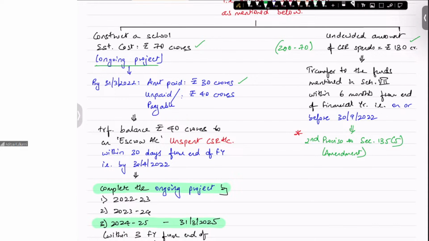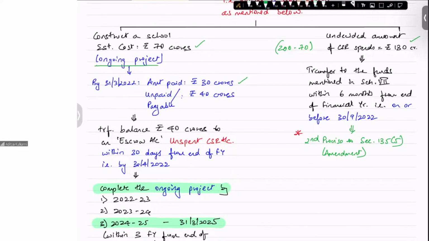So here also the company has to transfer the balance 40 crore to an escrow account which will be called the unspent CSR account. And this unspent CSR account, the money from this will be paid only for the school construction and nothing else.